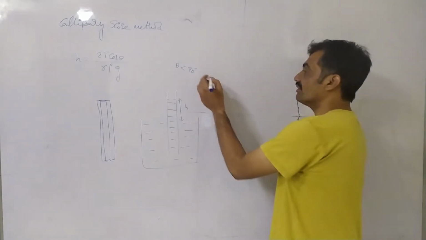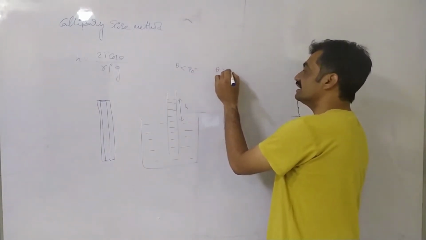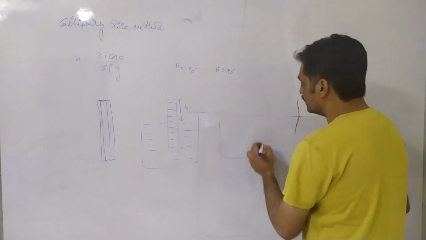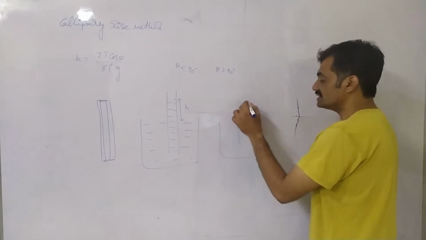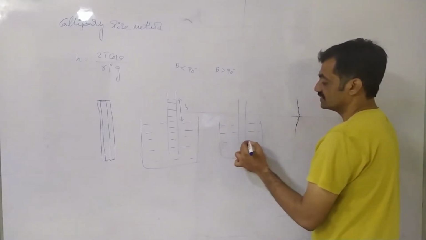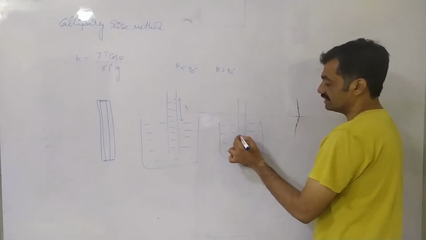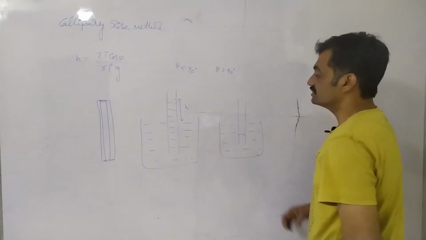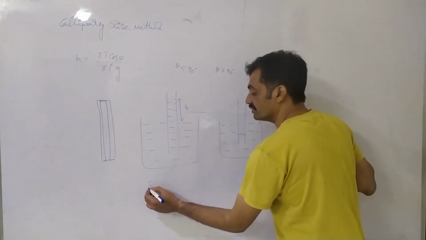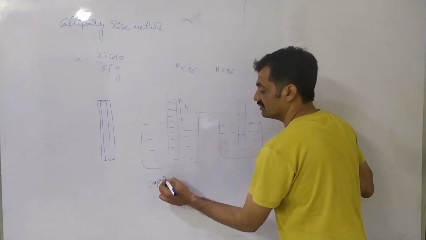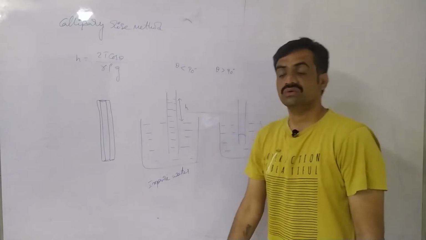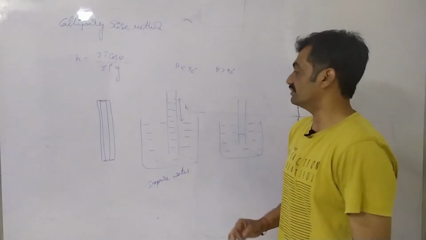If the angle of contact is greater than 90 degrees, then the level of the liquid falls below its actual level in the beaker, like this. An example for the first case is impure water. When we dip a capillary tube in impure water, the level of the liquid rises in the upward direction.